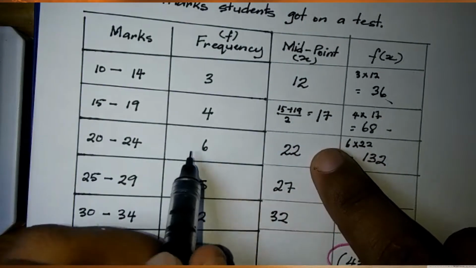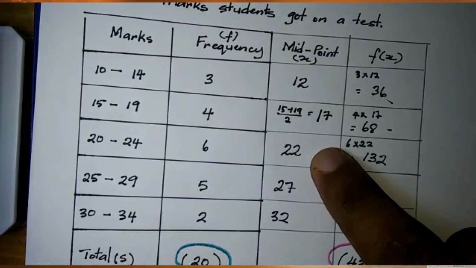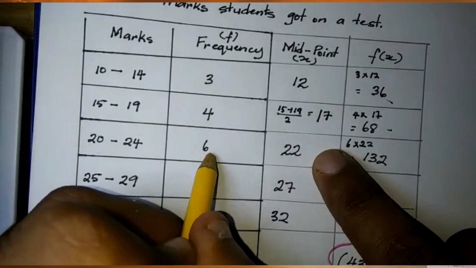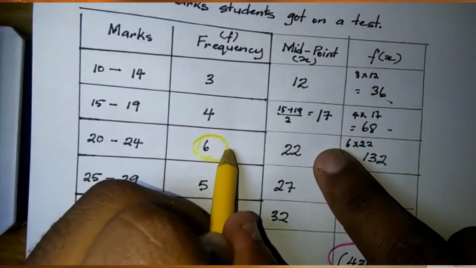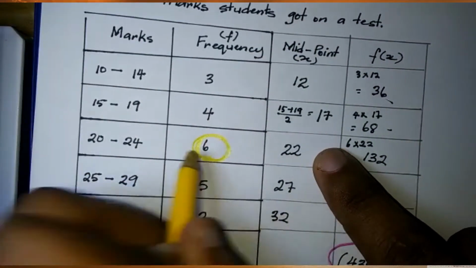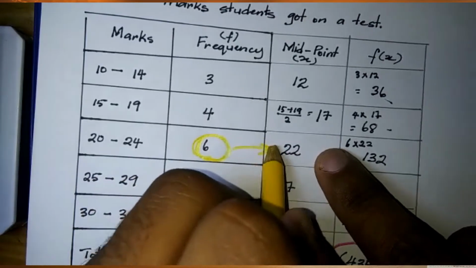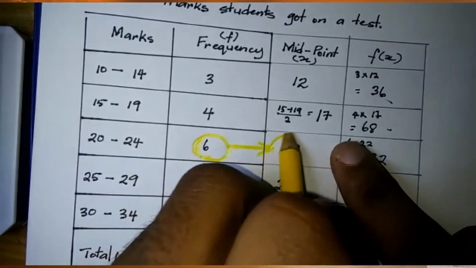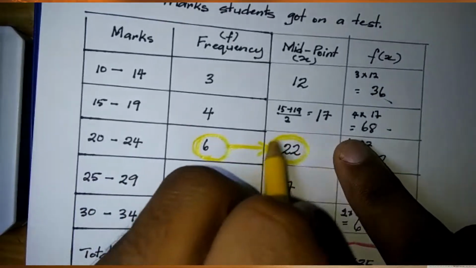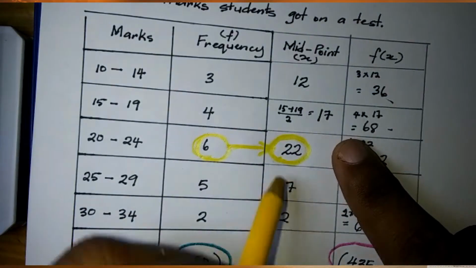So when I look at the highest frequency, the midpoint that is matched to it: the highest frequency is here at the 6, and the midpoint that is matched to it is this 22. So the 22 is the mode. Let me shade it for you.